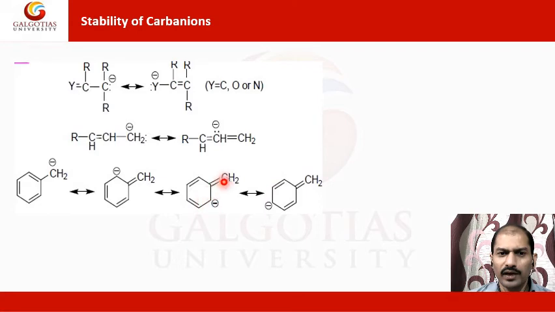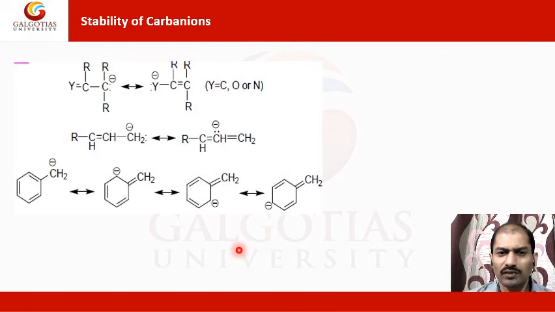Similarly here you can say a number of conjugating structures are possible, so in that case the carbanion will be more stable. If you see different groups, a triple bonded compound will be more stable than a double bonded one, and aromatics, and simple alkyl carbanions. Carbanions increase in stability with an increase in the amount of s character.